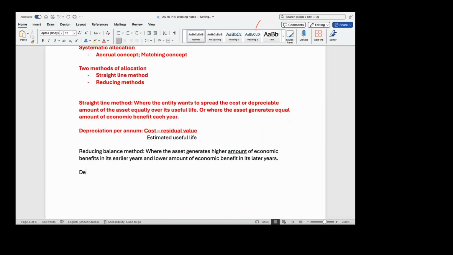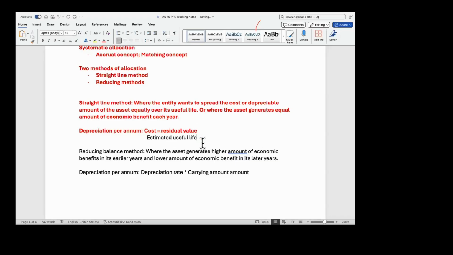The way you would determine depreciation per annum in that case is simply by getting a depreciation rate. You see us using a depreciation rate, either 20% or 25%, which will be applied on the carrying amount of the asset.